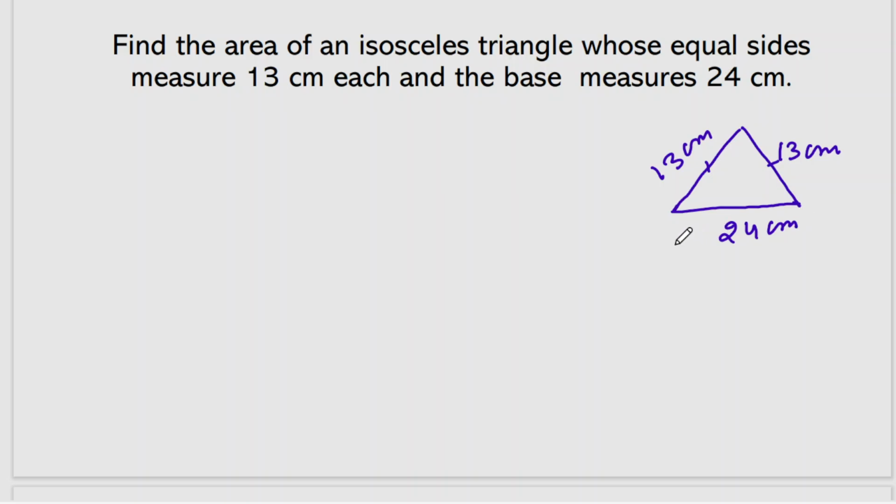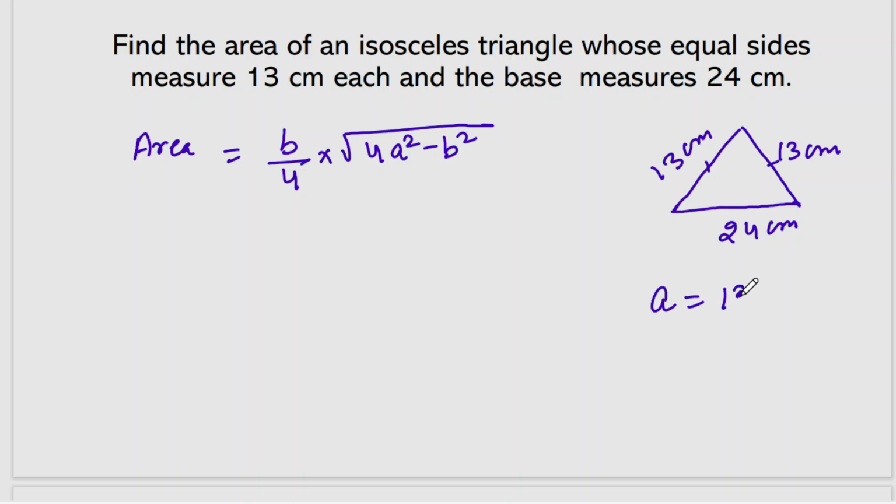So they are asking me to find the area. So the area of an isosceles triangle equals, we know, b by 4 into under root 4a square minus b square. So here the equal sides are represented by a. So our a is 13 centimeter and b is 24 centimeter.